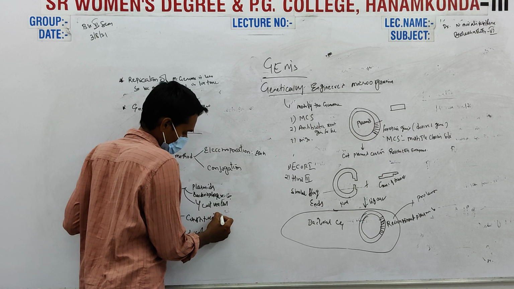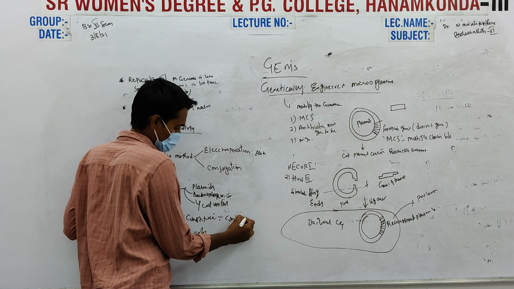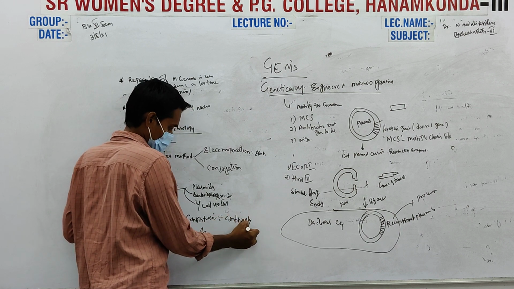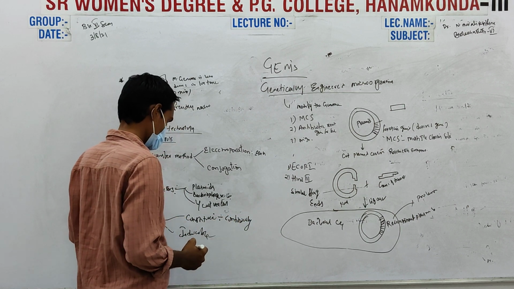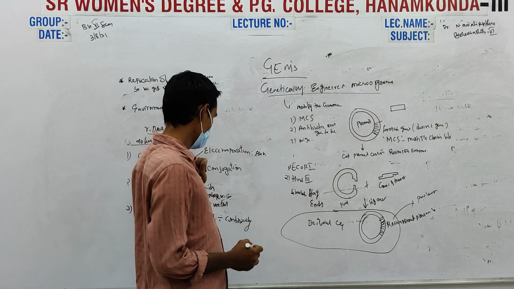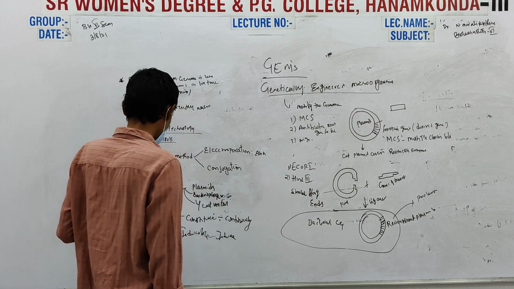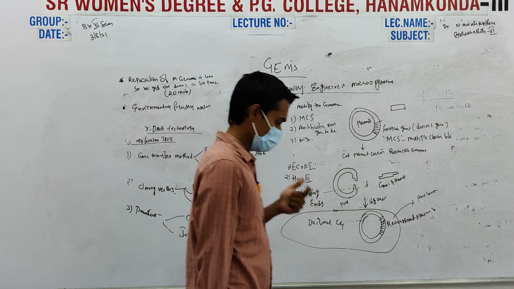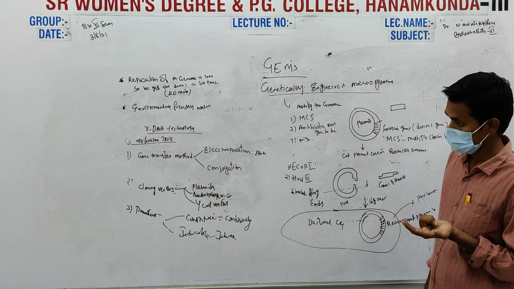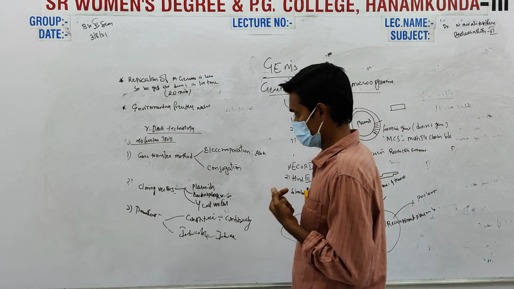Constitutive promoters are used for continuous expression of genes, whereas an inducible promoter allows the expression of genes only in the presence of an inducer. We can use either of these promoters according to our product.